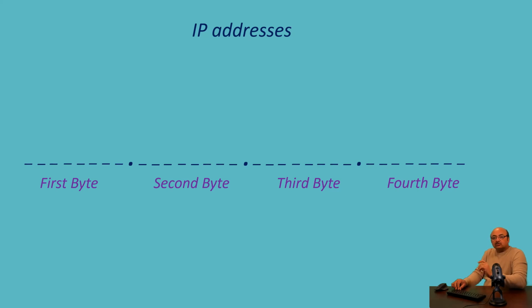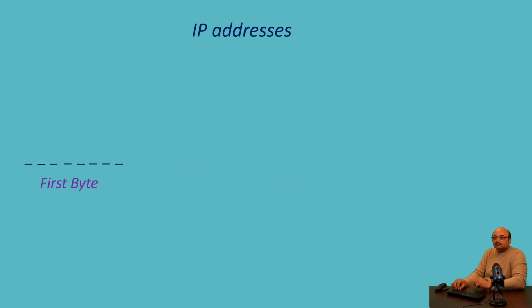So for now, I'm going to remove the second, third and fourth byte and focus on the first byte only. And let's go over one class at a time, how exactly the minimum and the maximum values are derived.